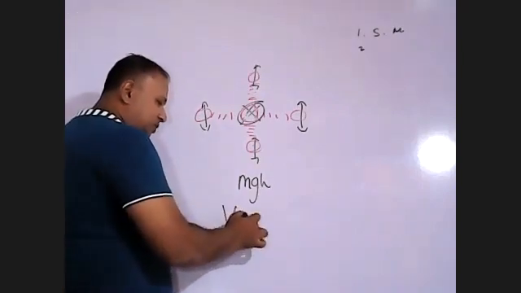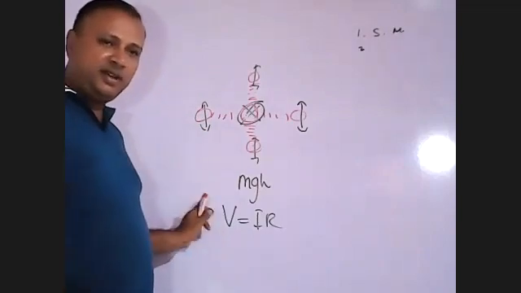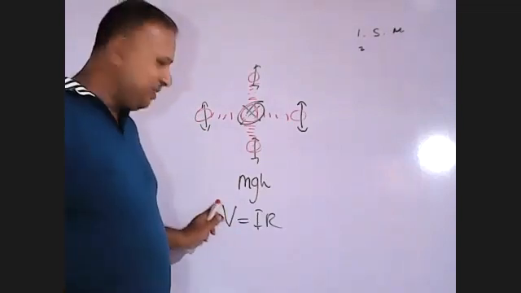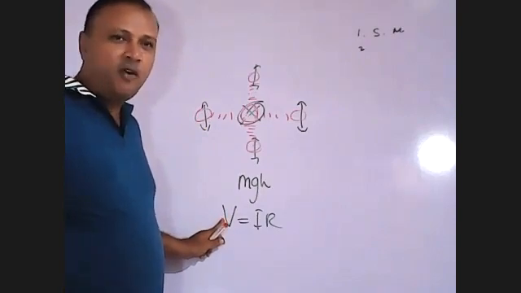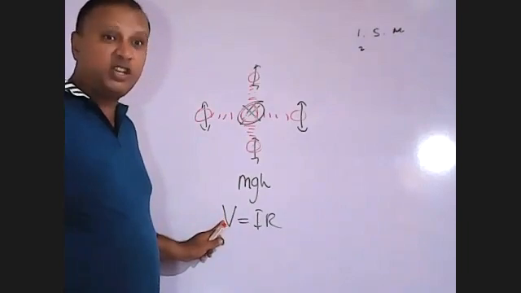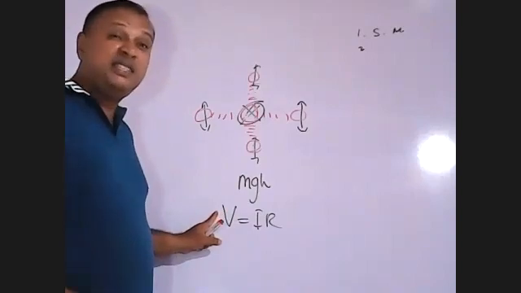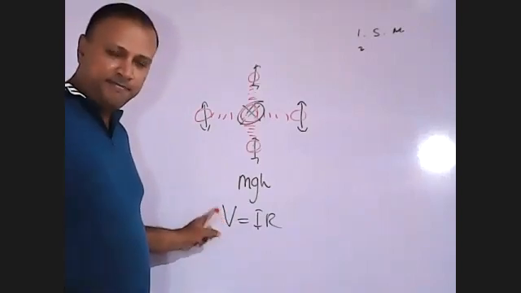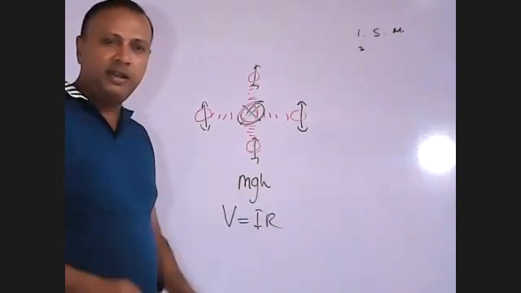I think you remember the equation V equals IR. What is V? Voltage, or potential difference. Potential difference means an energy difference. We call it volt because it is in an electric field.